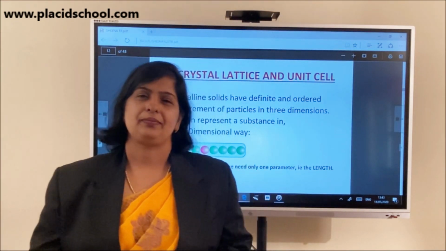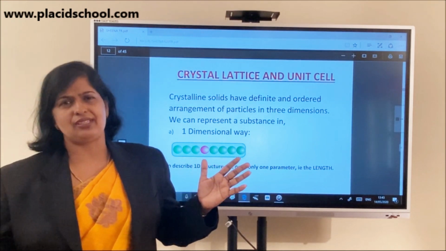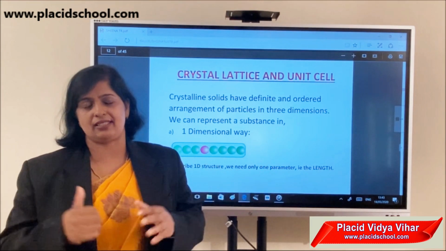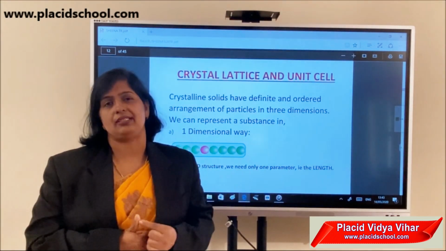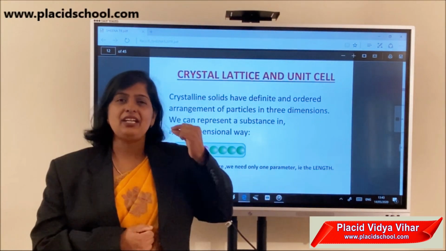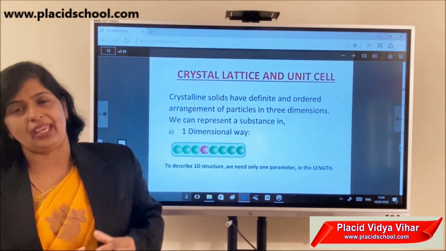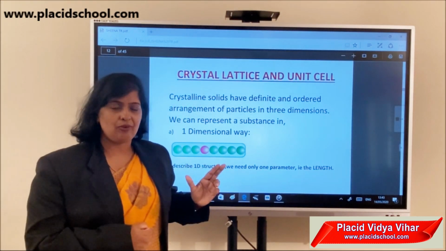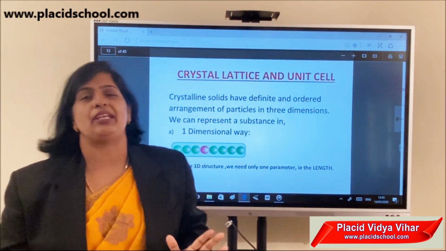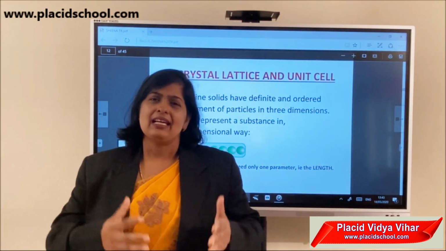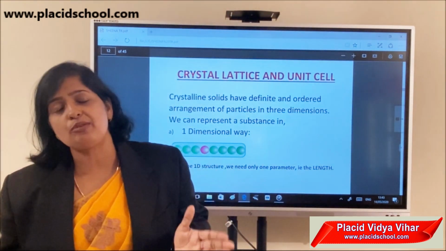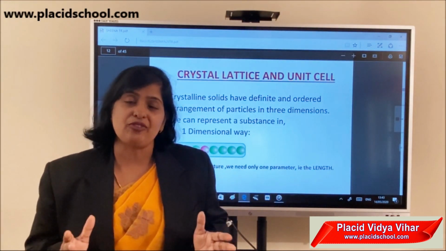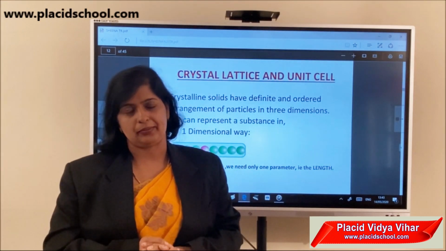To begin with, crystalline substances consist of lots of crystal lattice. If we take one crystal, we can define it in this way: crystalline solids have definite and ordered arrangement of particles, or we can say crystals consist of atoms or ions which are arranged in a definite and ordered fashion.